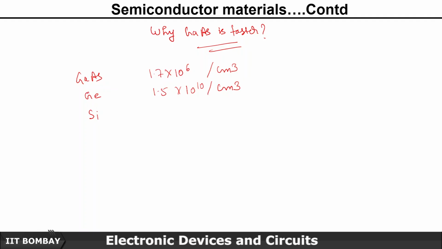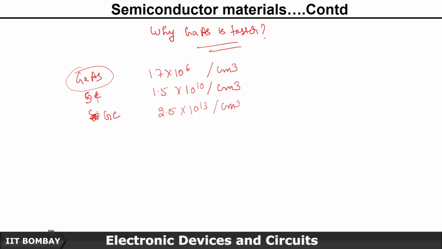And for germanium, it is 2.5 times 10 raised to power 13 per centimeter cube. So if you see, for gallium arsenide, the number of free charge carriers is lowest, 1.7 times 10 raised to power 6. But still, it is faster than silicon and faster than germanium. So what it shows is that it's not the intrinsic charge carriers which decide the speed.